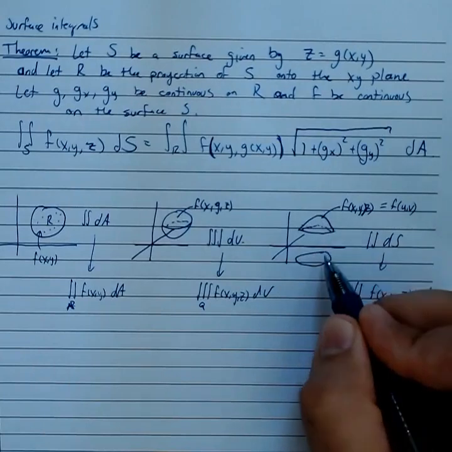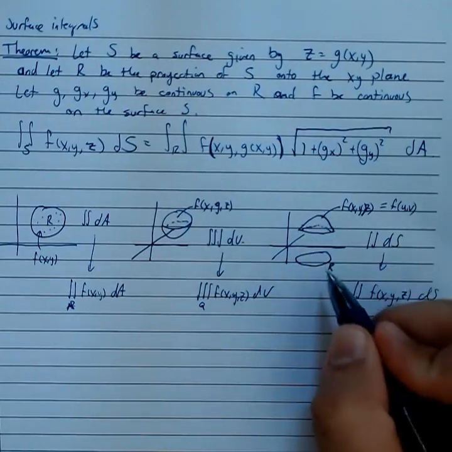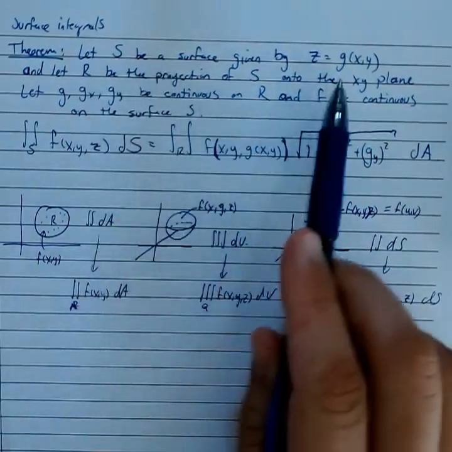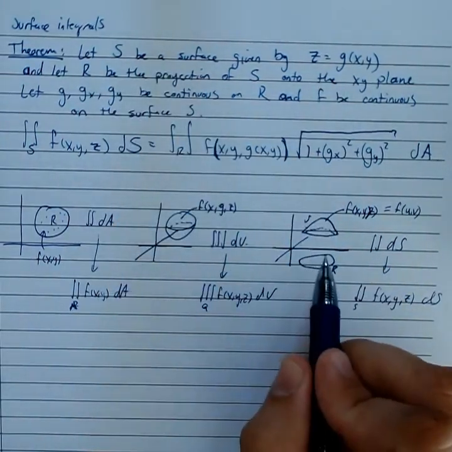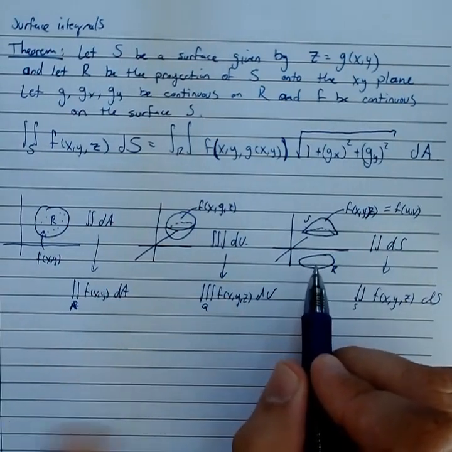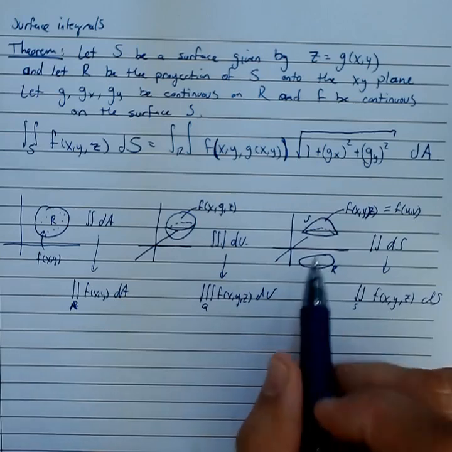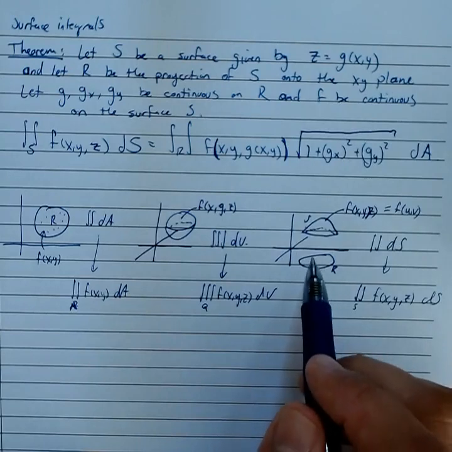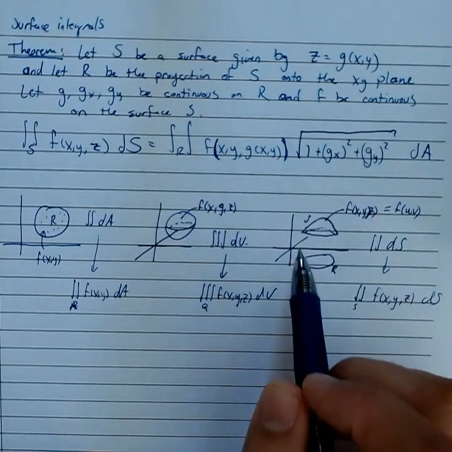And that height over that region R gives you your surface S. So S is a surface given as a function of a region in the xy plane. Technically, this could also be in the xz plane or in the yz plane, but for the most part, our illustrations will always be in terms of the xy plane. It can work in any plane. You just have to change the variables that you're dealing with.